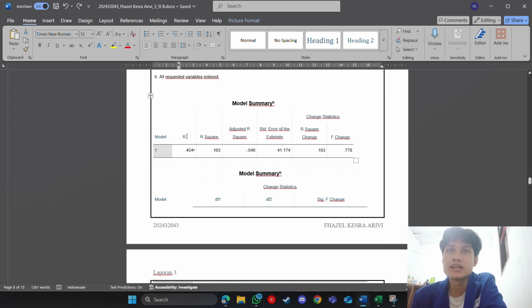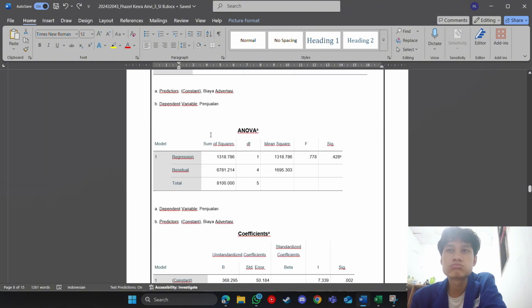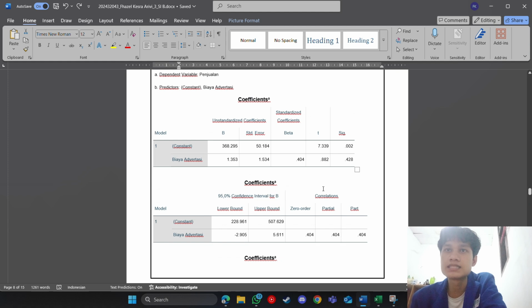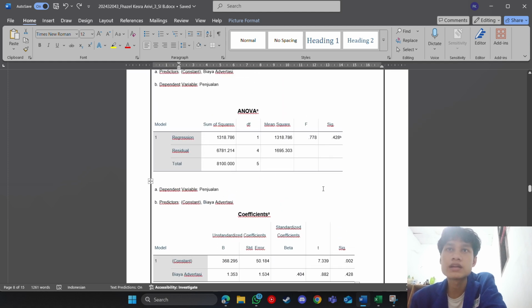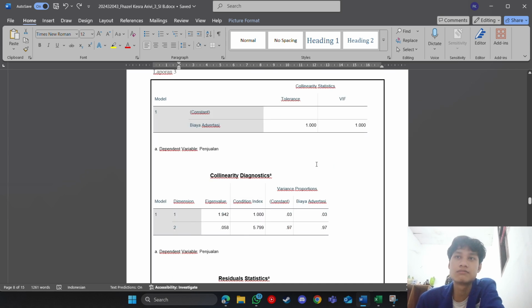And the summary shows multiple R and R square, as I told you before. The significance is just 0.4428. So it is not too good.